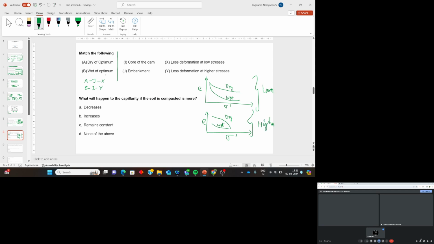Now X part is right at dry of optimum. See, this is the initial condition. If you take this as sigma 1, initially both are at a void ratio e1.